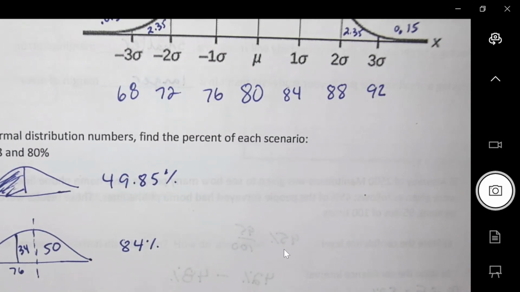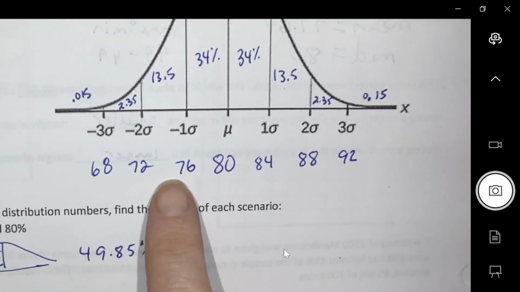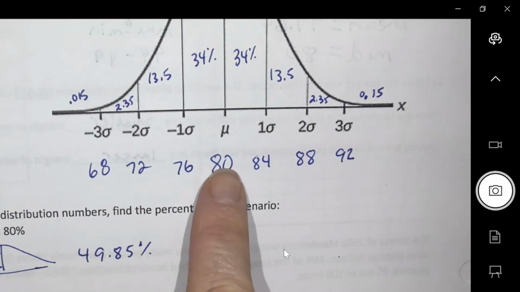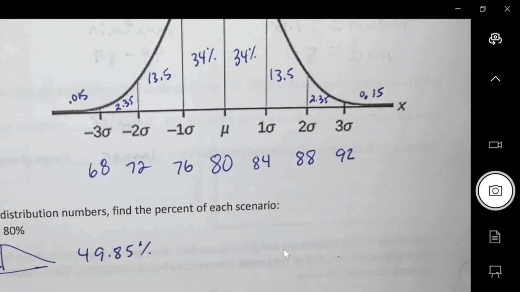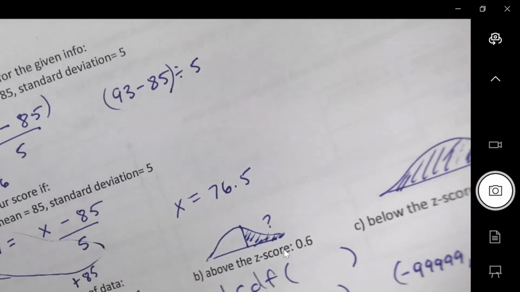Let's say 68 and 80 and then I just add the percents inside. Yeah, that's what you're supposed to do. I don't want you to use normal CDF on this. If you give me all those numbers, I will mark you wrong. I didn't round it, I want exact.